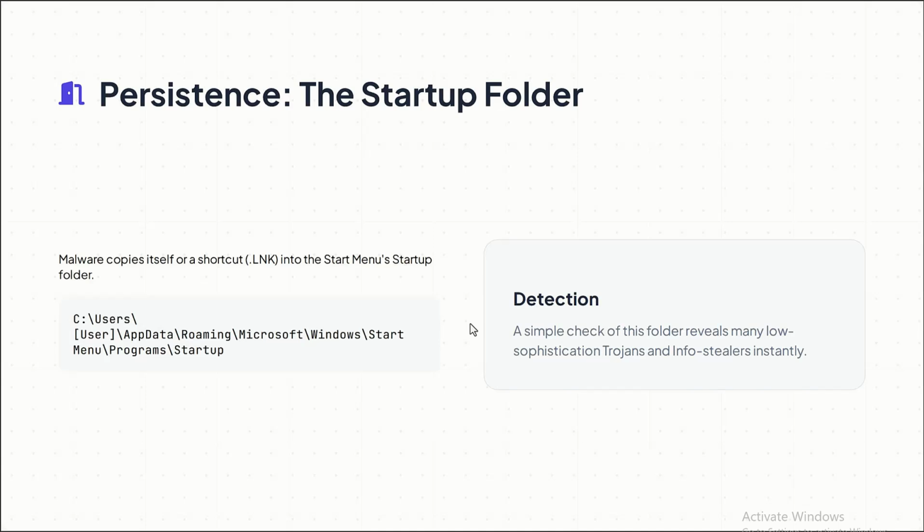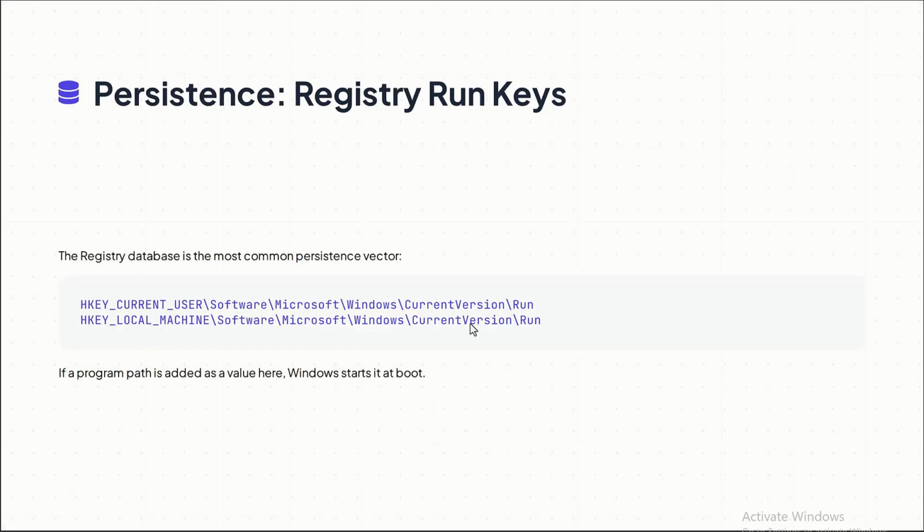That's the folder path from the left side: Users, AppData, Roaming, Microsoft, Windows, Start Menu, Programs, Startup. Or even you can right-click on the taskbar, open Task Manager, and move into the Startup tab.